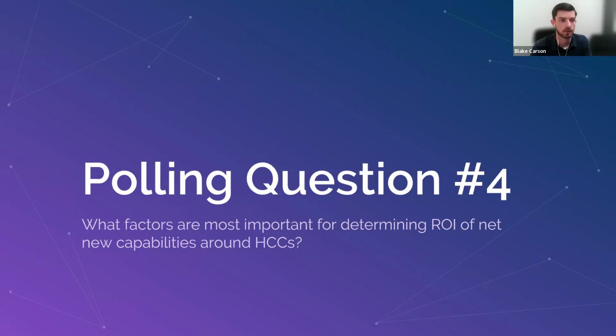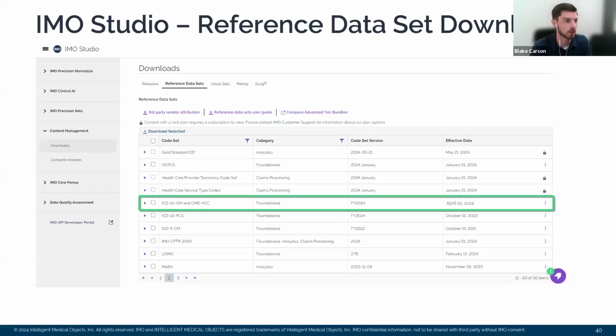Okay, thanks, Jordan. So one quick plug before we wrap up here and get into our QA session. I did want to highlight that anyone with an IMO Core license today does by default get access to our IMO Studio platform, which includes the ability to download what we call reference data sets. So I'm highlighting on the screen here the opportunity for folks to download any of the code systems that we manage.